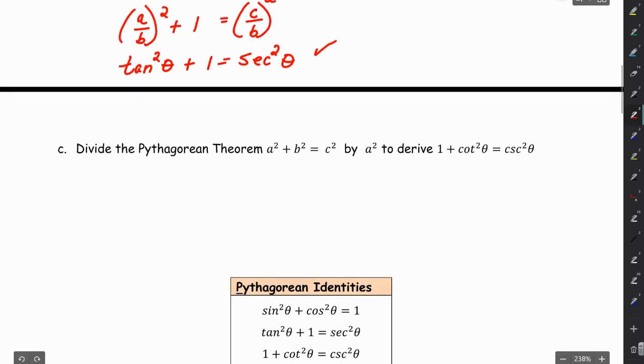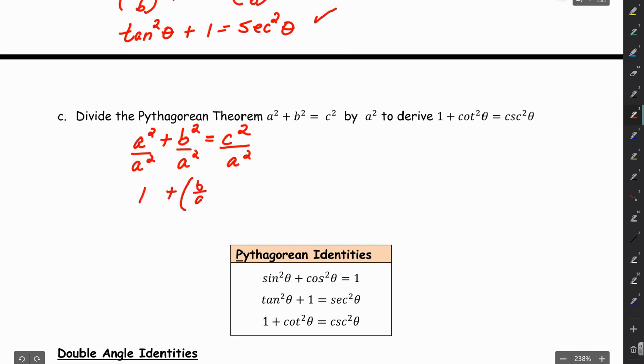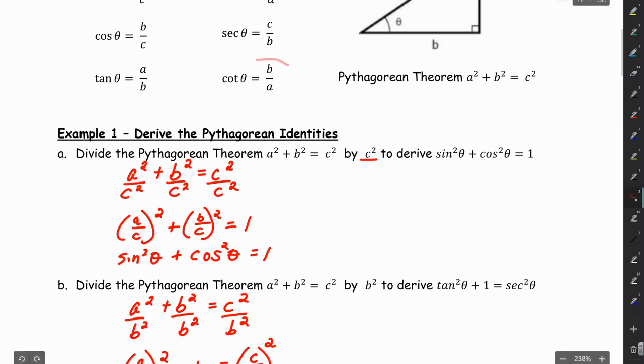And lastly, we're going to divide by a squared. So we get 1 plus b over a squared equals c over a squared. b over a is the cotangent of theta, and c over a is the cosecant of theta.